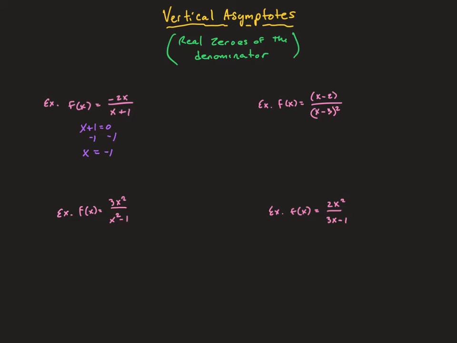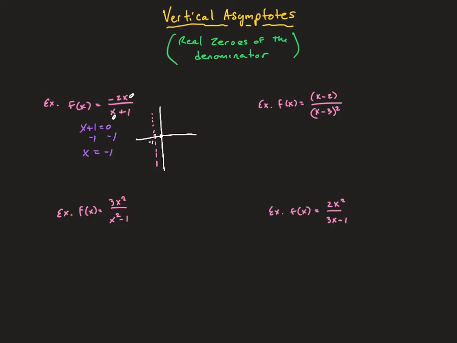It's just that easy. So if I were to graph that, I would know that at negative 1, I'm going to have this imaginary line that the function can never touch. And when x is 0, think about it, if we plug 0 in for x, it looks like we're going to have 0.